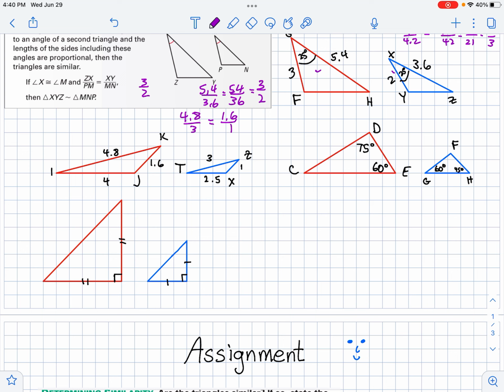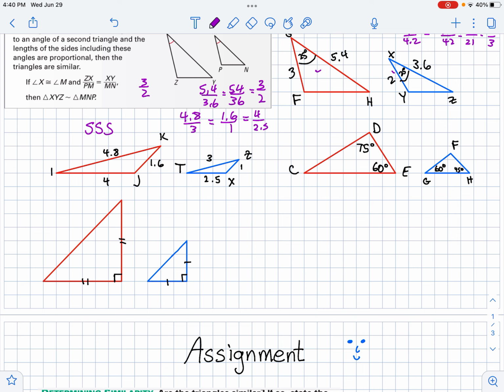Just using the corresponding parts. And does that equal 4 divided by 2.5? We could work through it, but the fact is they're all equal to 1.6. So this is side, side, side.